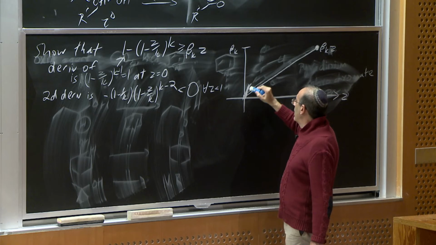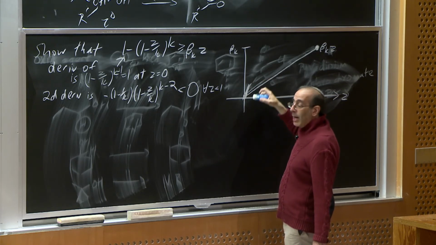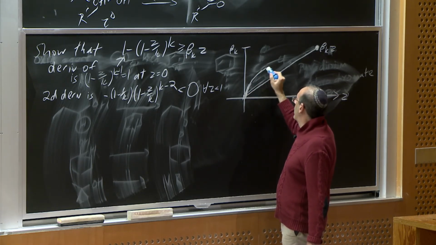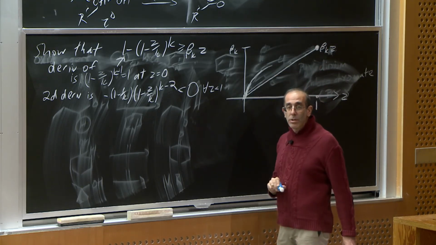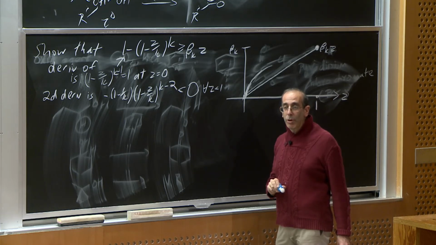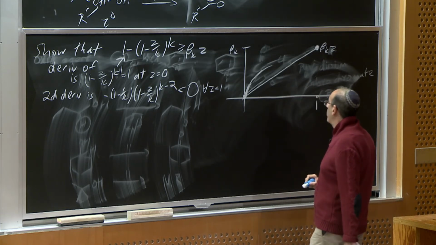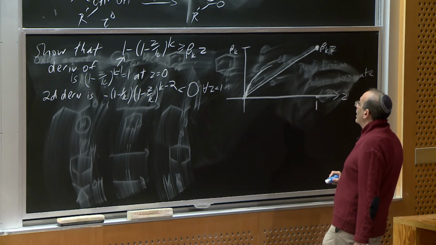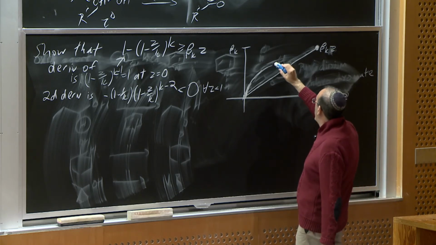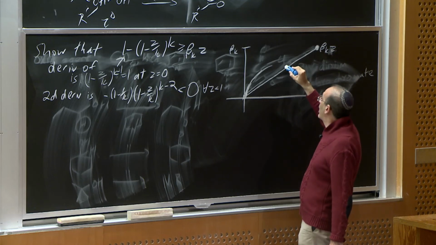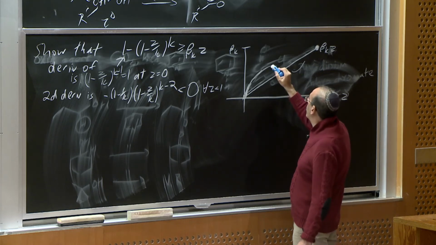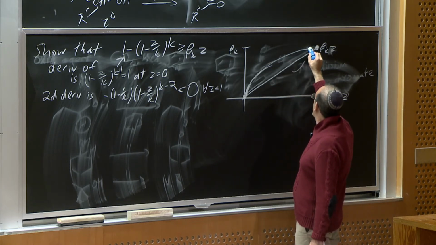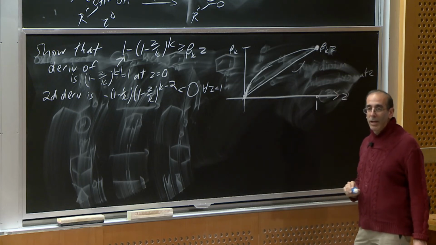So what that means is that after starting out shooting up, it just bends over. Okay? It never starts curving back up, right? It's purely concave, or convex rather. And that means that if it ever crossed below this line, it would not be able to turn and come back up. So it can't cross the line until it hits at z equals 1.